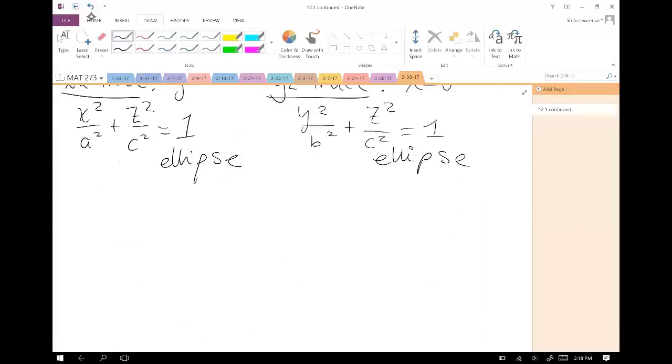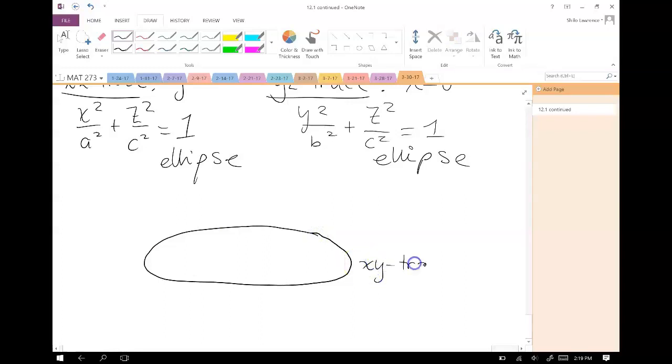So the xy plane is the flat horizontal plane that's parallel to the floor. That is an ellipse. So pretend that's flat. And we're looking down on that. I'm going to label these and do them in different colors. The YZ trace, it stands vertical and we're facing it like it's the board.